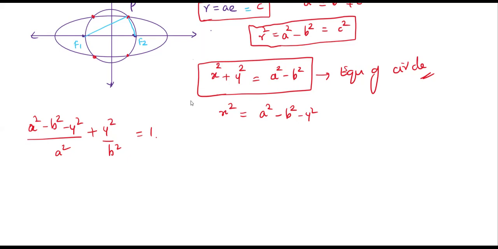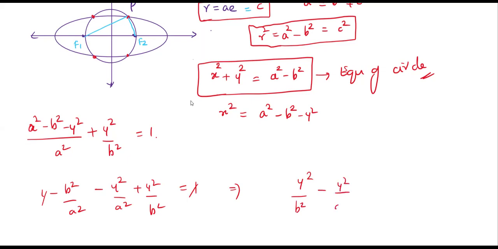So I'll get a square by a square is 1, minus b square by a square, minus y square by a square, plus y square by b square equal to 1. So 1 cancels off. What is remaining? I'll get y square by b square minus y square by a square is equal to b square by a square. Correct?